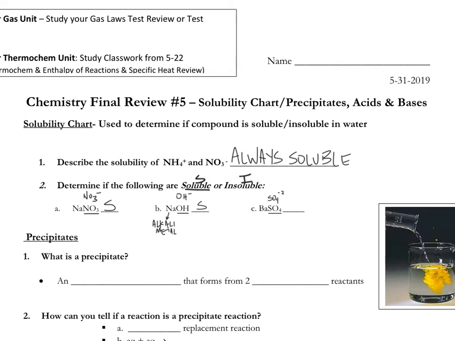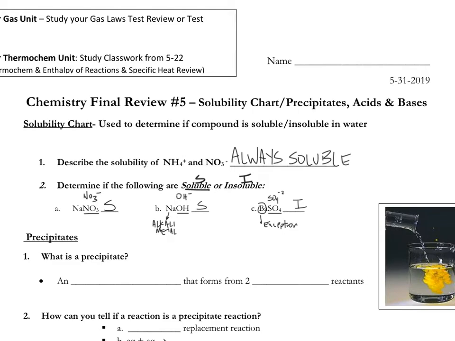This element right here is barium. Barium is one of our exceptions. So instead of being soluble, it is now the opposite, and it is insoluble, which means it will not dissolve in water. This compound would form a precipitate.